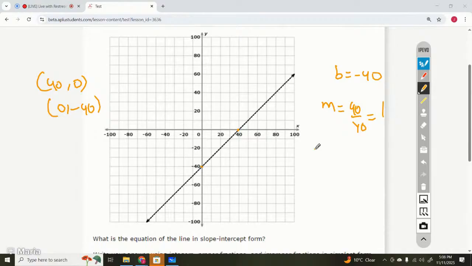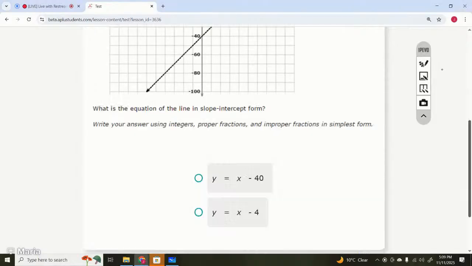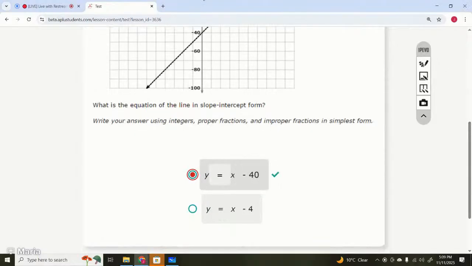So the equation of the graph is y equals 1x minus 40, or x minus 40. Option number 1 is the correct option, y equals x minus 40.